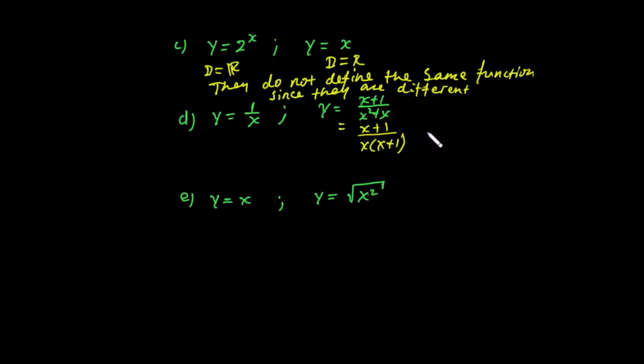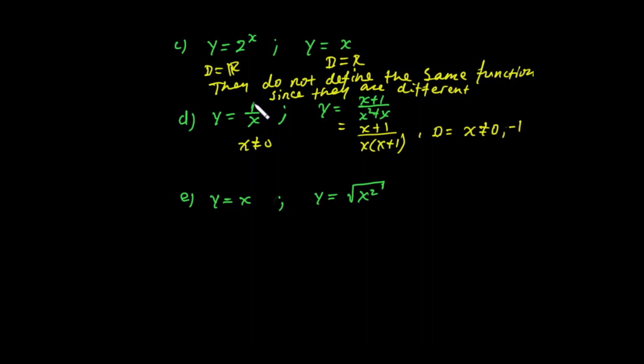But what is the domain? The domain is x different from 0 and negative 1, whereas for the other, x is different from 0 only. They are the same except at negative 1.